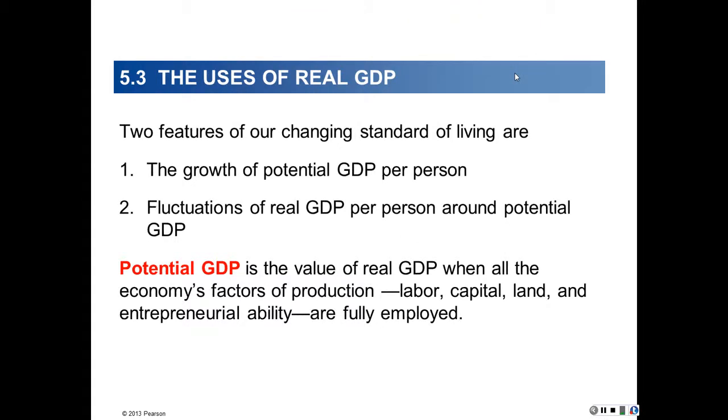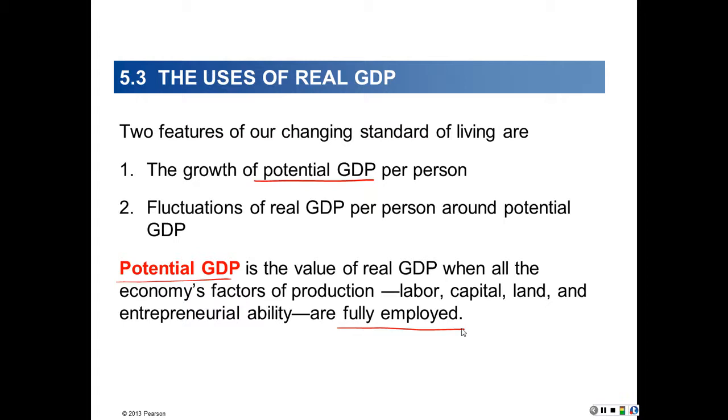Okay, so how do we figure out what's happening to our standard of living? And here we need something called potential GDP per person. And what is potential GDP? Potential GDP is the value of real GDP when all the economy's resources are fully employed.